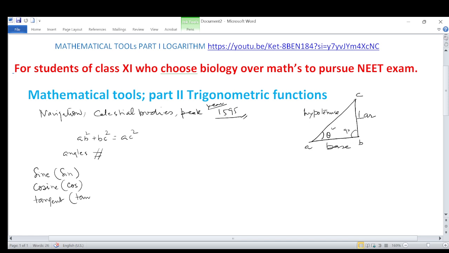It is a general perception that the angle with the base is theta. So sine theta, cos theta, and tan theta. Sine theta means perpendicular upon hypotenuse.